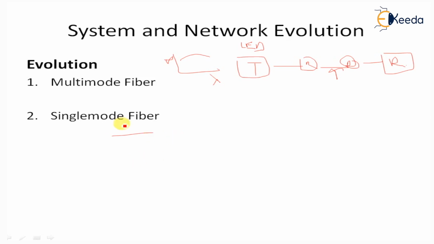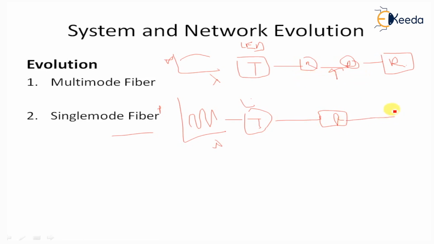In the case of single mode fiber, we use a laser or MLM laser as the transmitter source. I am considering only L for the laser. So we can increase the distance between regenerators. In the above case, consider that two regenerators are there.